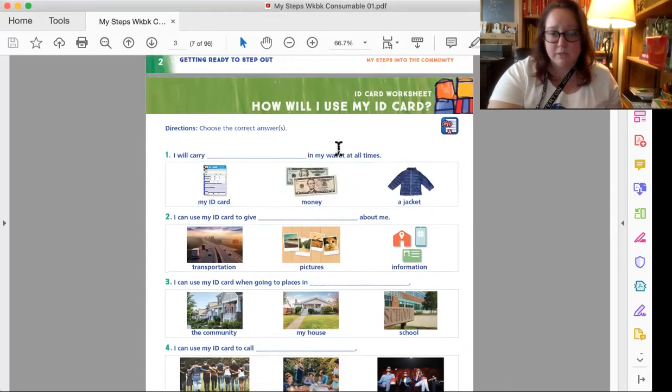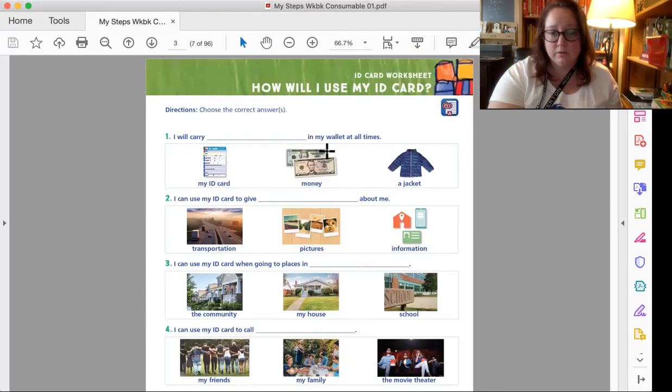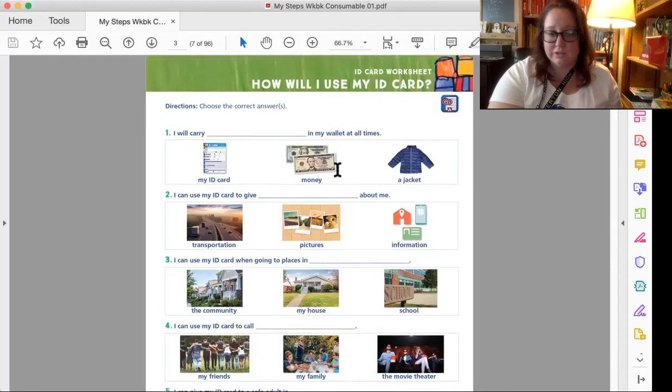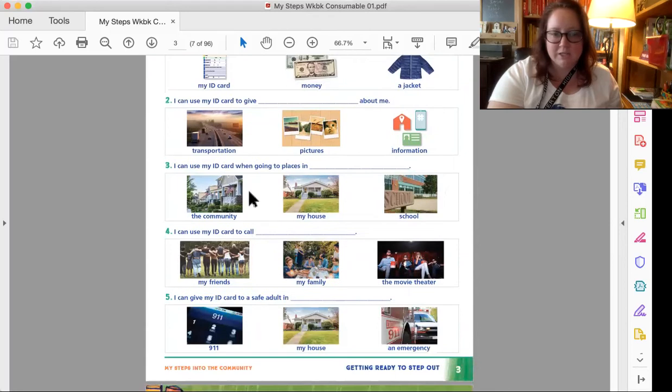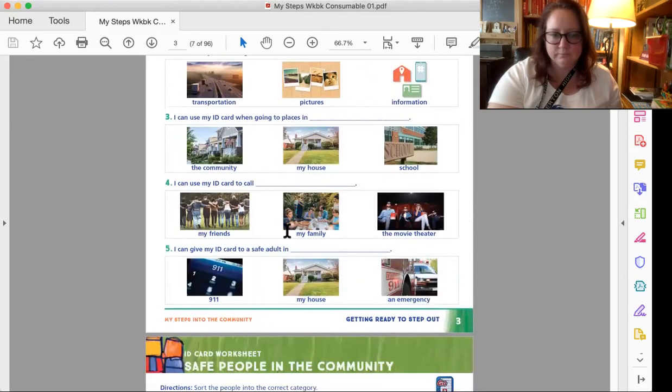There may be multiple things that you may circle, but I can use my ID card to give blank about me. Transportation, pictures, information. I can use my ID card when going to places in the community, my house, school. So just circle your answers here.